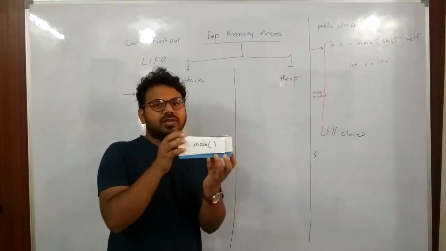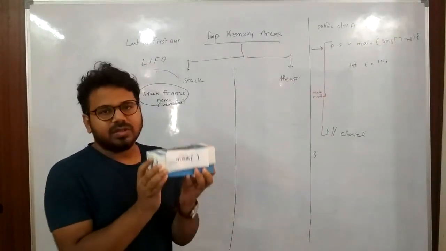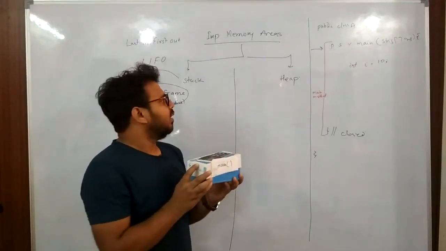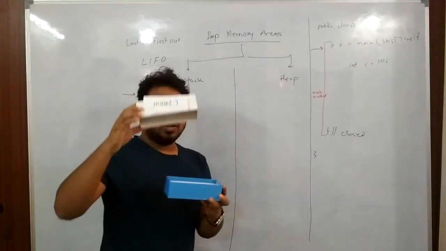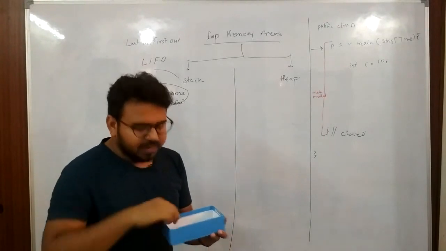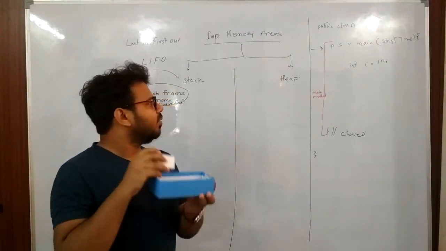Let us open this and see how the stack frame contains the variables. Here is our stack frame for the main method, and inside it we have the int variable i.